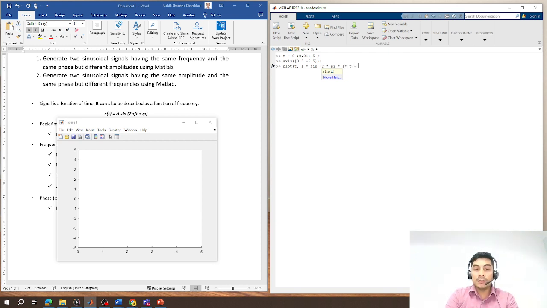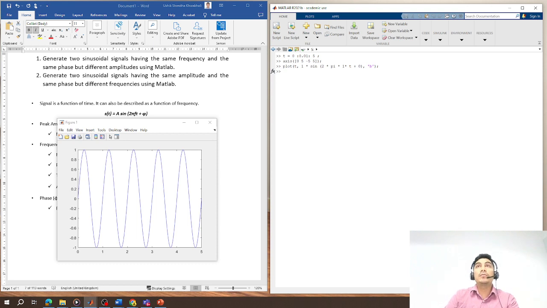And then let's say the phase is 0, right? And we want the graph to be plotted in blue color, and then we press semicolon. So when we complete this function, a sinusoidal wave is generated.